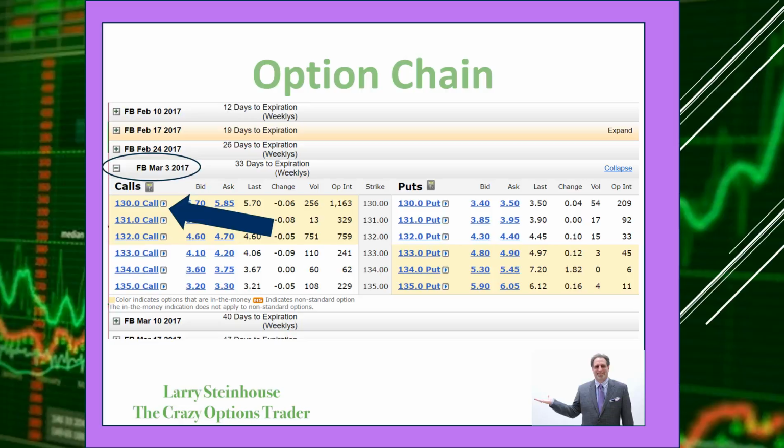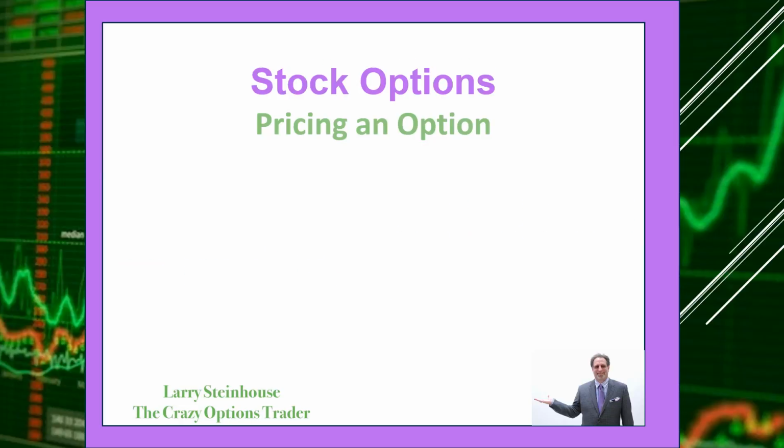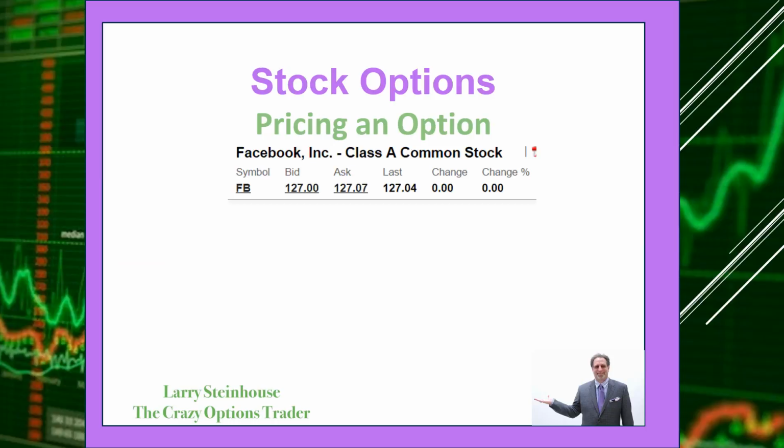You see how it's highlighted blue? That's a link. And when you click that link, you're going to come up with the full pricing of an option. So just to give you an example, in this example, the day I ran this, you can tell it's a different day, Facebook, the stock, was selling for $127 was the bid price, and the ask price was $127.07.